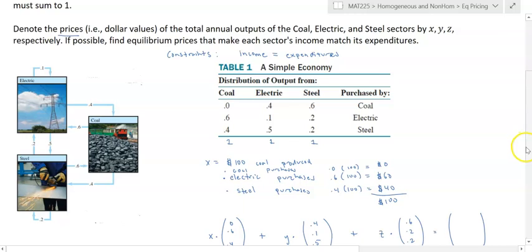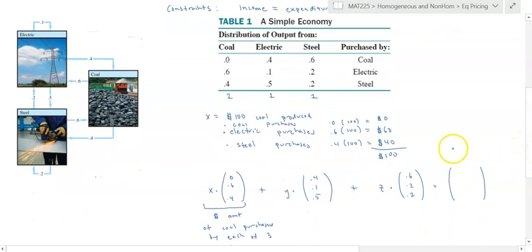Well, how much income do each of these three sectors get? All right, so this is going to be the income. Well, that is exactly what the variables represent. They are going to sell 100% of what they produce. So coal is going to make X dollars of income, right? Because if X is 100, they're going to sell it all. They're going to sell all $100 of it among the three.